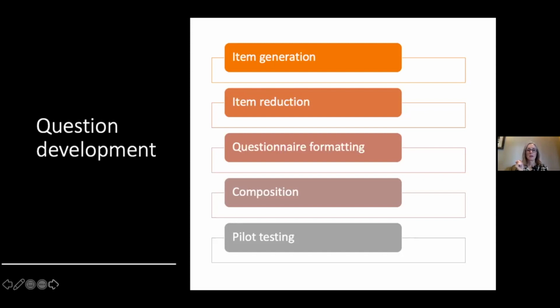And then you should pilot test it. And pilot test it on a similar group that's your group of interest. So if you're going to survey medical students, you should pilot it on medical students. If you're going to survey patients that have had traumatic injury, you should pilot test it on patients that have had traumatic injury. And you can't use those data in your final survey.